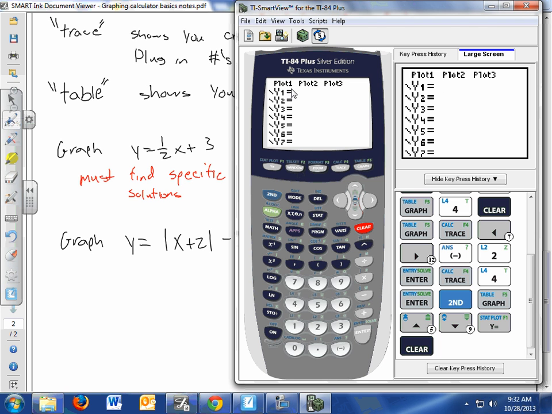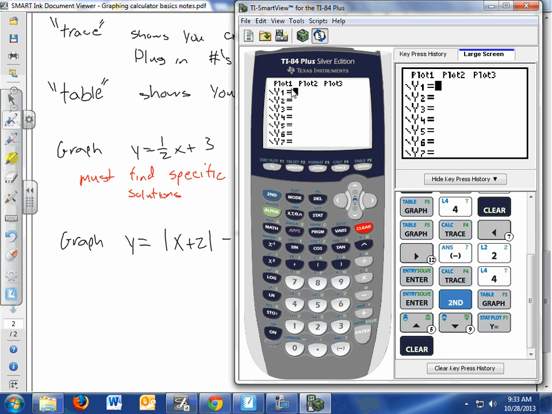I'd clear out this y equals, and I need to type in the absolute value of x plus 2 minus 3. How do I get to the absolute value? Who remembers? Do you remember, Mr. Orsick? No? Does anybody remember? How do you pull up absolute value? Sarah, do you remember?